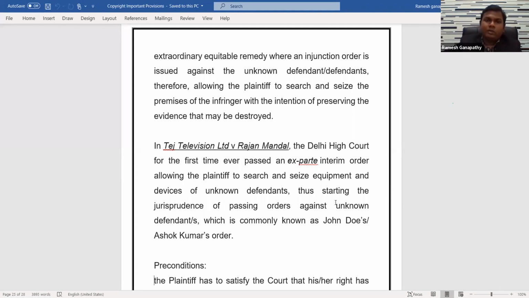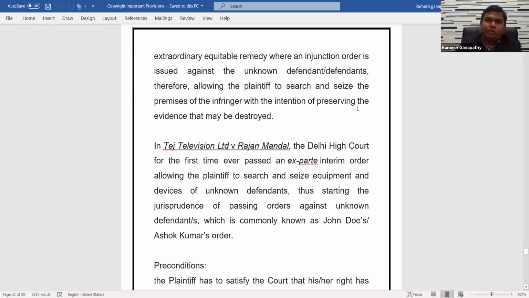You can straight away get a John Doe order, give a list of names, go and search, get all the products and submit them before the court. It is not actually an injunction, but a permission for search and seizure from the court. That is what the John Doe order is.